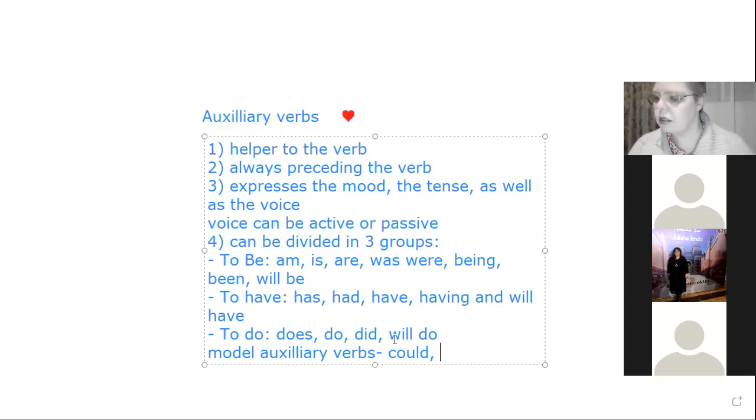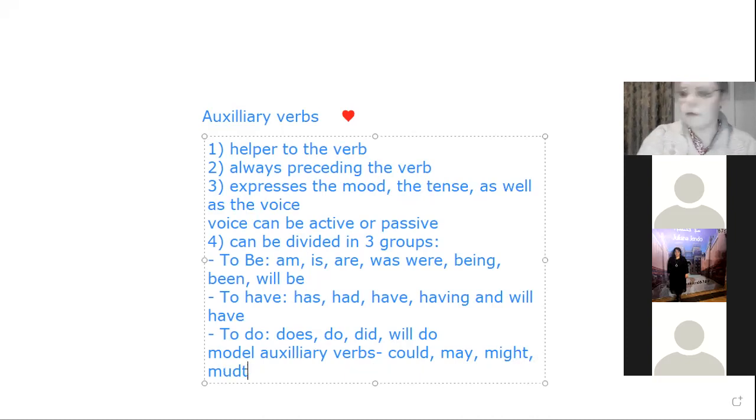It is could, may, might, must, ought to, shall, and should, and will, and would. You guys see that still? Okay, we've got to fix, okay, everyone is understanding.